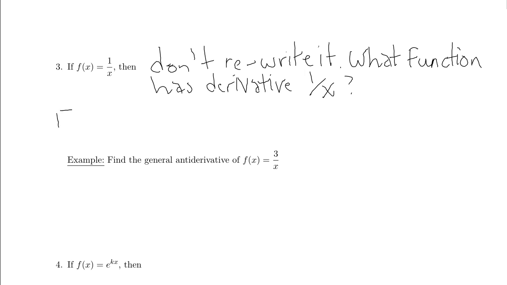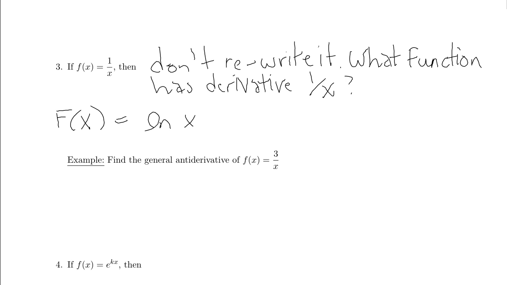So our antiderivative is ln x, but we actually have to be careful. If I write just ln of x, the problem is that, okay, let's think about the domain for the function 1/x. What values of x are okay to plug in there? Pretty much any value except for x equals 0 is okay to plug into 1/x. So we can put positive x values and negative x values in there for x. We just cannot plug in x equals 0.